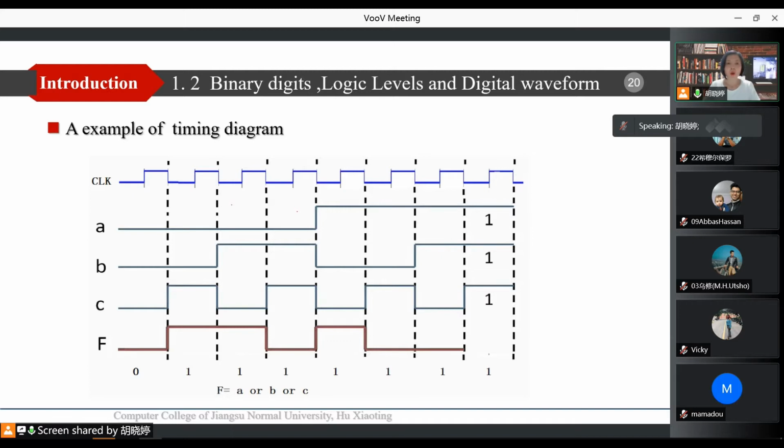We can also use the waveform or timing diagram to describe it. In this diagram, we use several waveforms, input waveform and output waveform, to describe their relationship. That is the description form for some circuit.